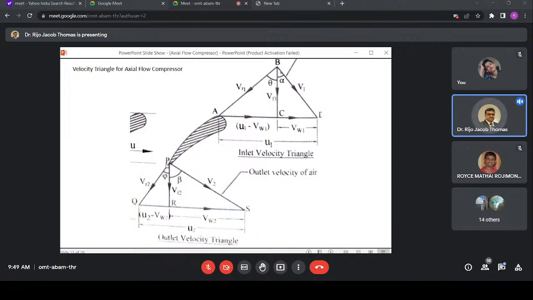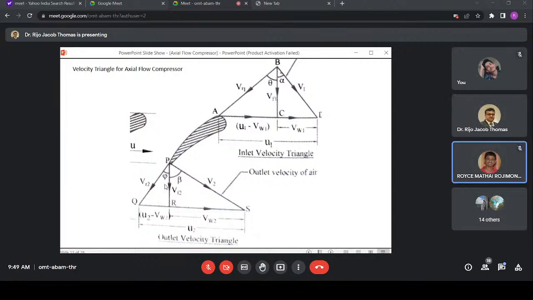This is gliding over this. It comes here. It comes on VR2. So the end is moving with U2. That is U2. So if you take them together, you will get V2 as this. V2 is resolved into VF2 and VW2. So you know alpha, beta, theta, and phi. Okay. Right?